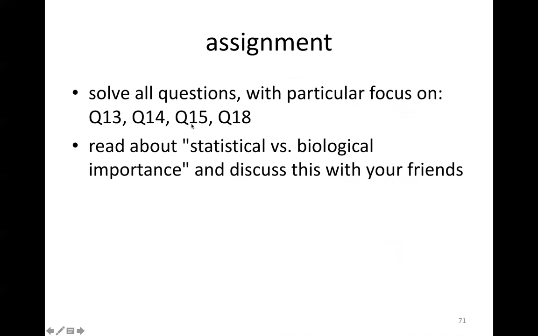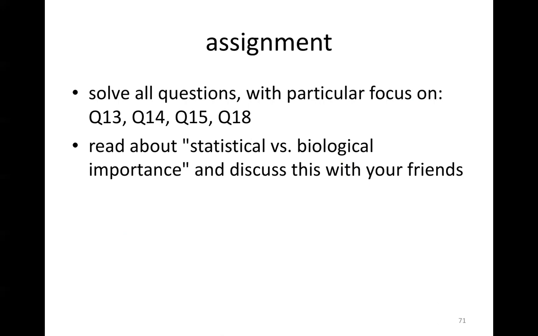Please solve all the questions, including the questions at the back of the book. Without that, it will not be possible to really digest the content. And again, I will tell you 100 more times through this course that whatever you learn here you will be using throughout the rest of your research life.